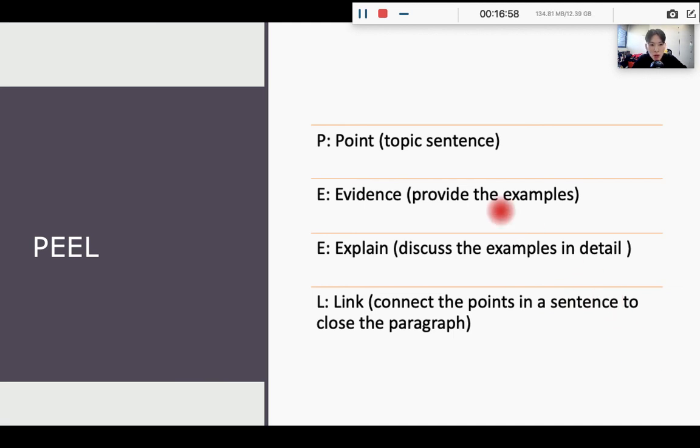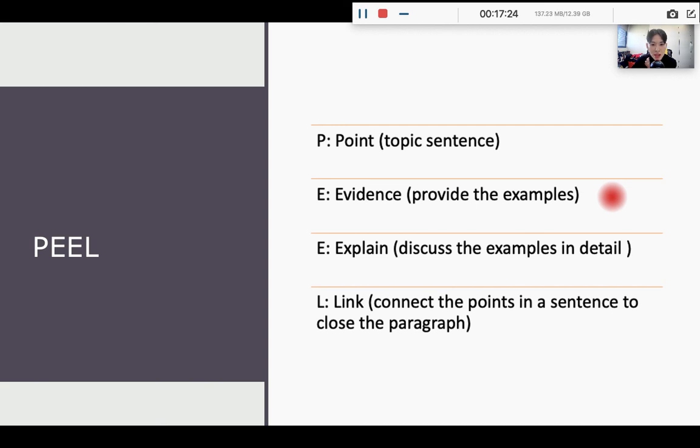To help you do that, please remember the word peel. Each letter in peel stands for an action you should take when you write a paragraph. So P stands for point. You need to give your topic sentence. And E stands for evidence. You need to offer examples.